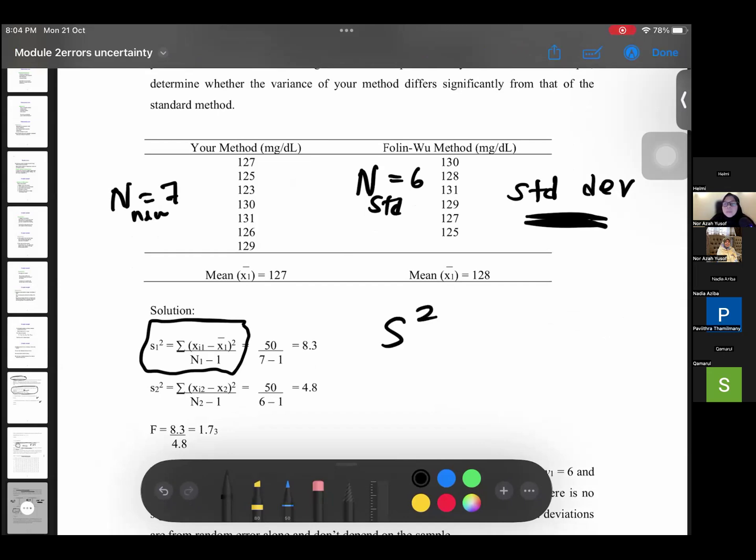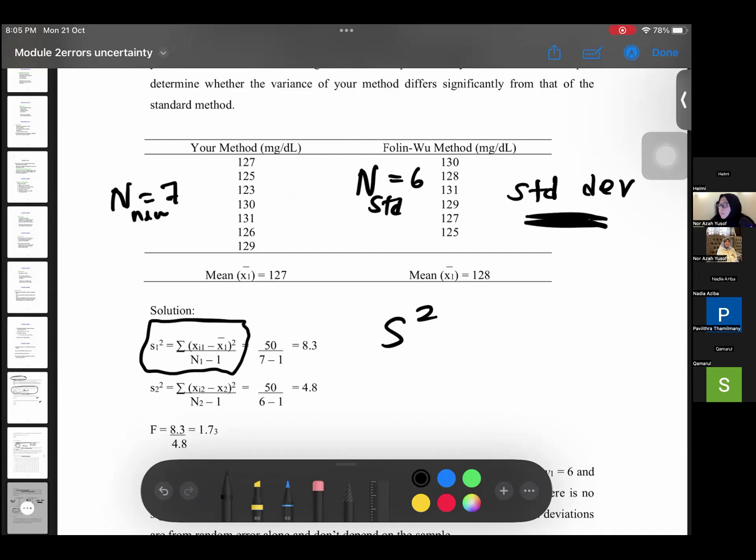Again, you can use software, you can use Excel, to get the value of variance. As long as you get the value correct, then it's fine. It's not necessary to calculate manually. This is not the importance of this subject. The importance of this subject is for you to know how to use the F-test.